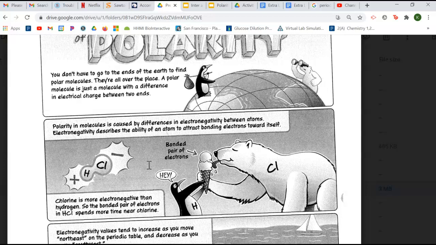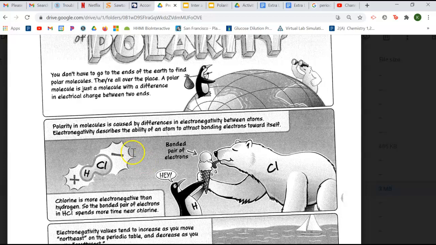It's going to be the polar bear, because chlorine is more electronegative than hydrogen. So the bonded pair of the electrons in HCl spends more time near the chlorine. In other words, because the polar bear is stronger, he's going to have the electrons closer to it than the hydrogen is, because it can pull them closer.